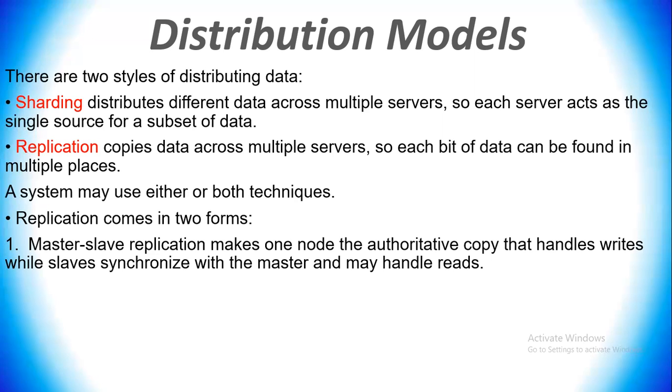The first mode is master-slave replication. That means for a given set of servers, there is a master. The master is the server which controls the other servers. The other servers are known as slaves. So there is a master-slave relationship, in which the slave should get the consent of the master in order to do its operation.